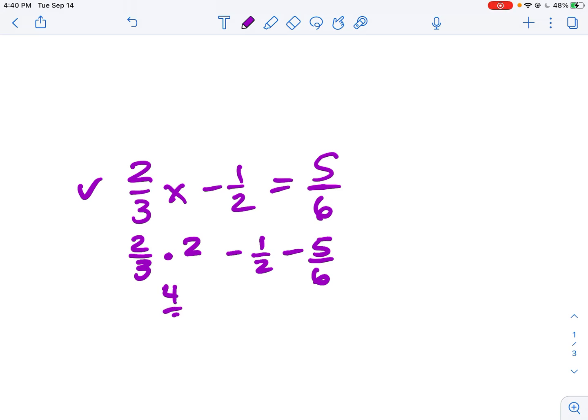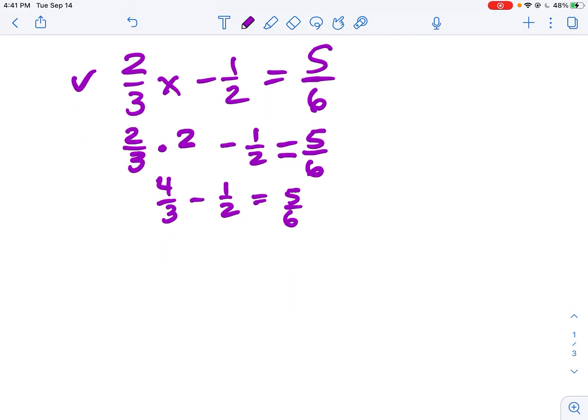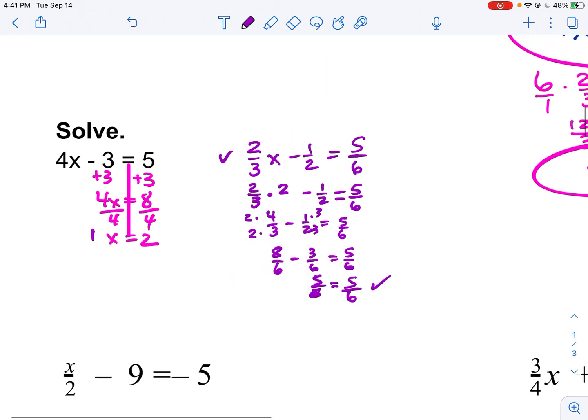That would get me 4/3 minus 1/2 equals 5/6. So I need 6 to be the common denominator, so I multiply the top and bottom here by 2, and top and bottom here by 3. I get 8/6 minus 3/6 equals 5/6. See? Oops, that's a 6. It does work. So that is my answer.